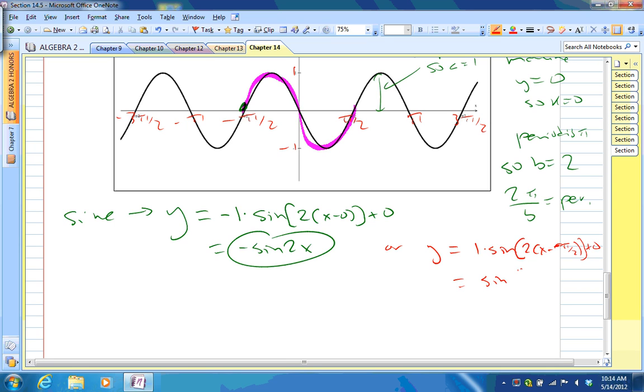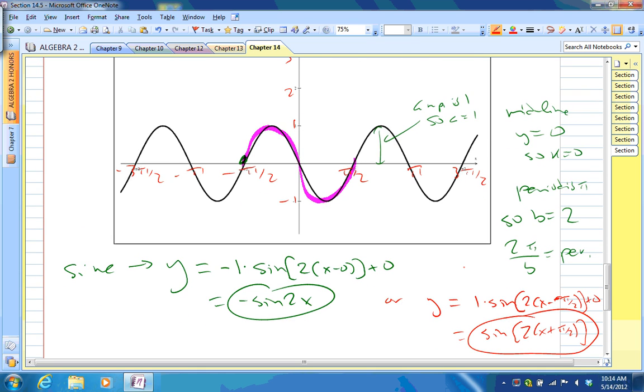So we have sine of 2x plus pi over 2. That also would work too. So there's actually several answers you could say. So A could be positive or negative. So I should be careful when I say A equals 1, or it could be negative 1, depending on where you start with H.